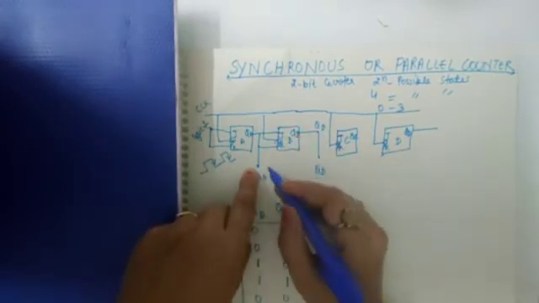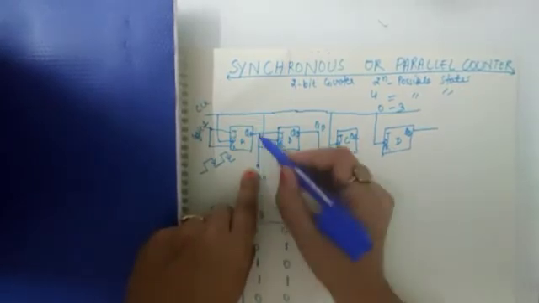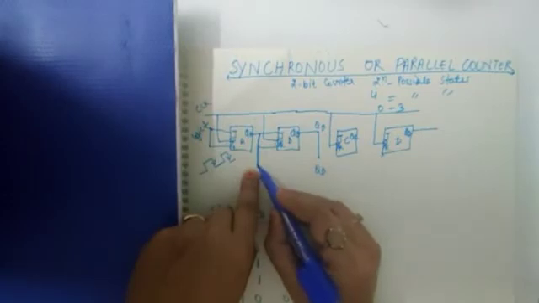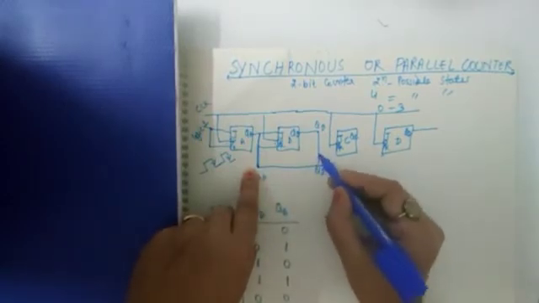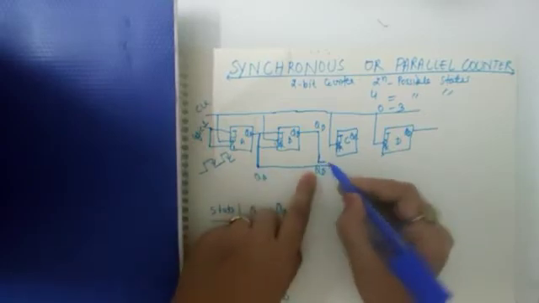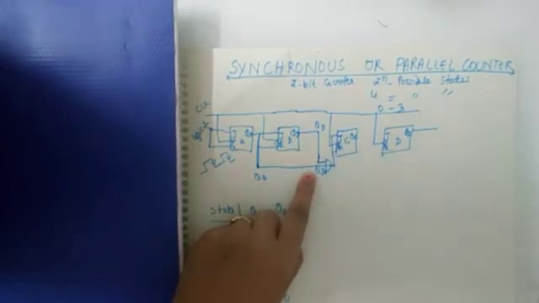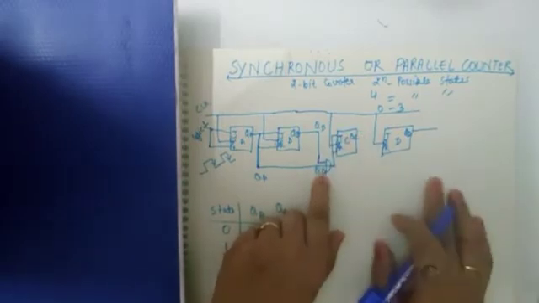Instead, one output we take from QA, and one from QB, and through the AND gate we apply the inputs. In that way, QA dot QB reaches the J and K input.